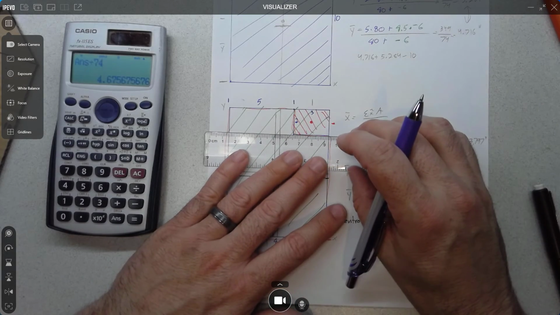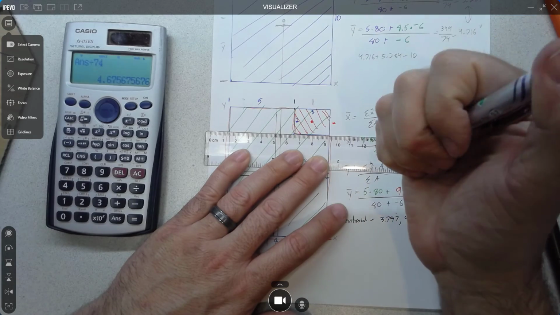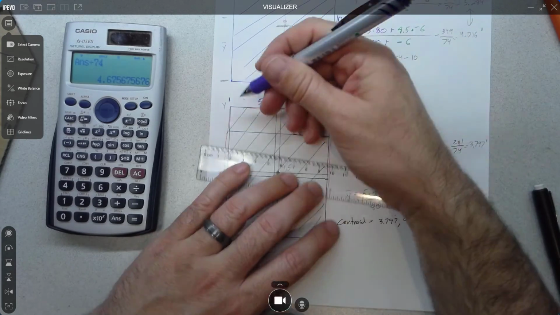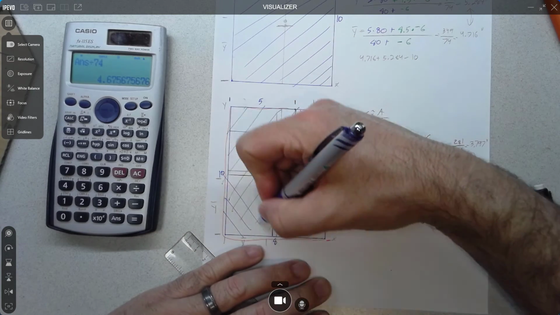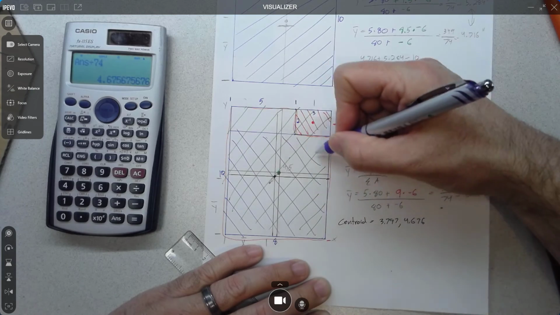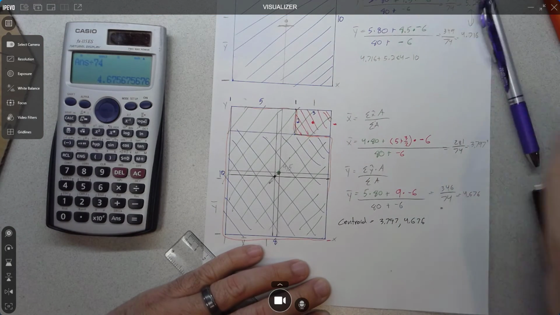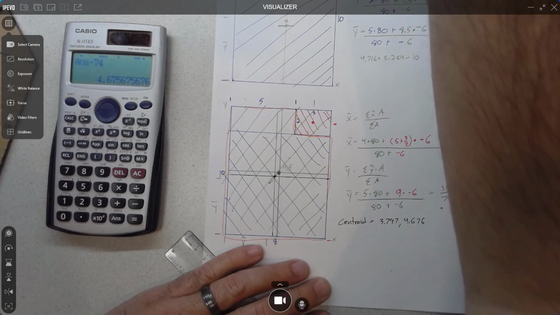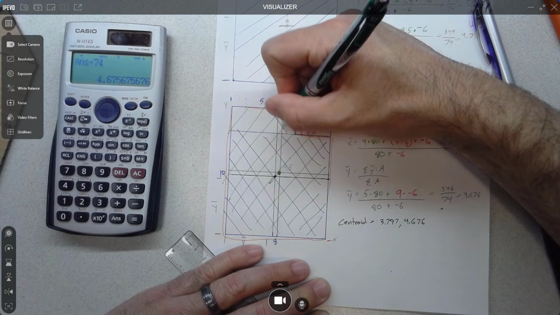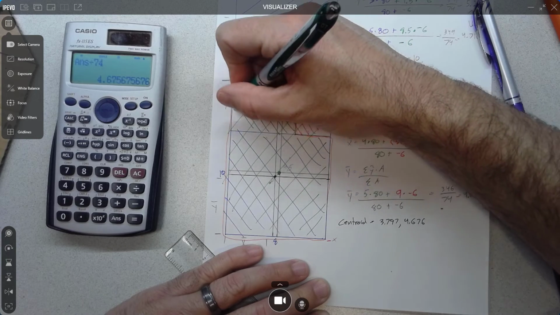I could have broken it into two rectangles. I could have looked at, say, this purple shape. That'd be one of my component shapes, and then this different green shape, adding these two rectangles together.